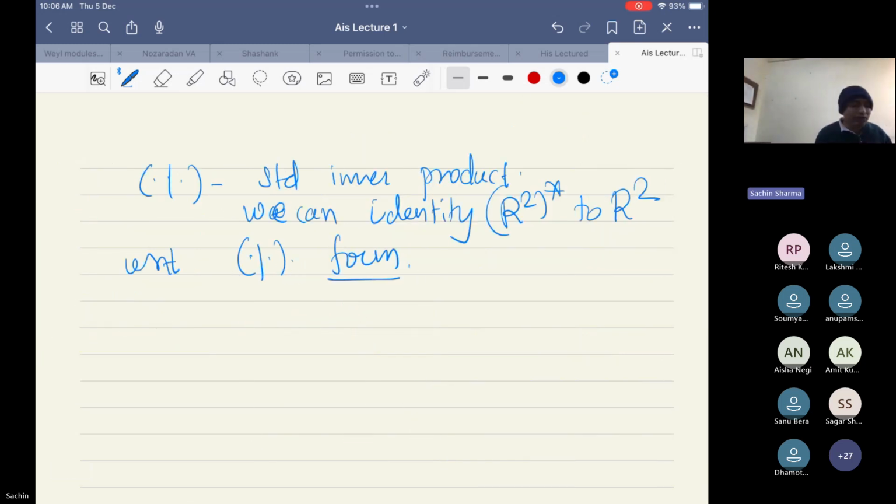So first of all, alpha check should be twice the inner product with alpha, right? Alpha check should be 2 times the inner product with alpha.